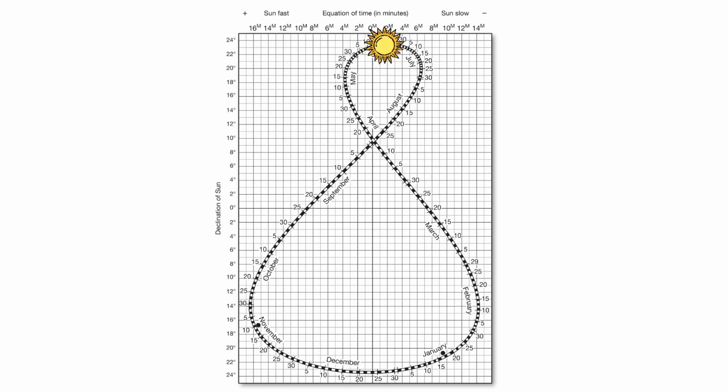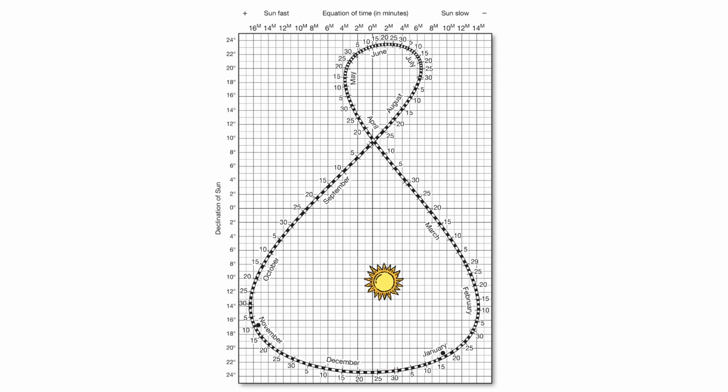So if we ignore the left-right aspects of this and just have the sun show the declination over the course of a year, you can see it goes from June, July drops a little bit, August moves a whole bunch, September moves a whole bunch. Now we're back at the equator for the September equinox, October, November. So from November to December to January, you can see it doesn't move a whole lot.